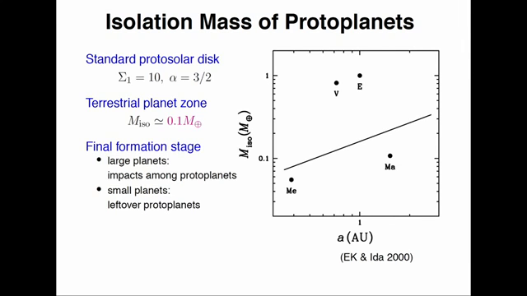So from this figure, we infer that to complete large planets, we need more collisions between embryos. But maybe Mercury and Mars are leftover embryos, protoplanets. That's why there are two populations. But is it really true? So let's test it.